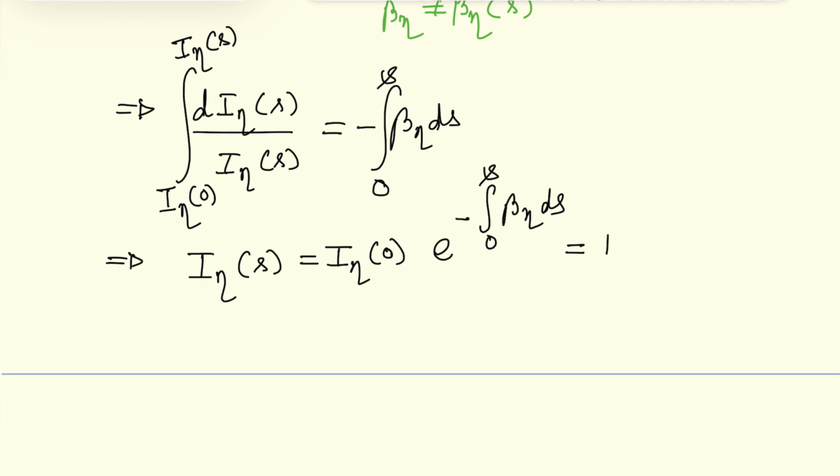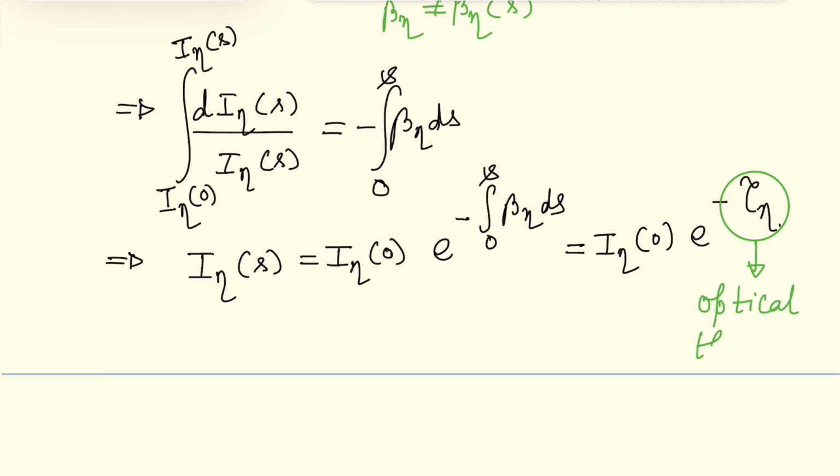This is also written as τη, and this τη has a separate name: it is called optical thickness.